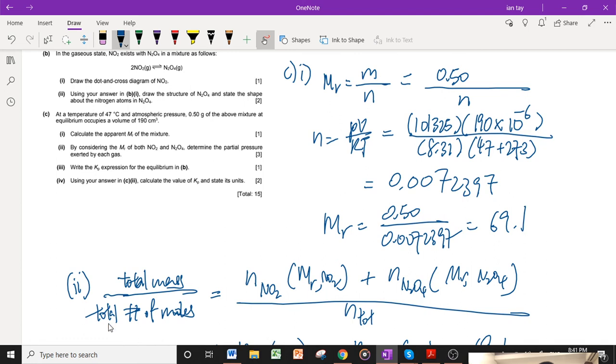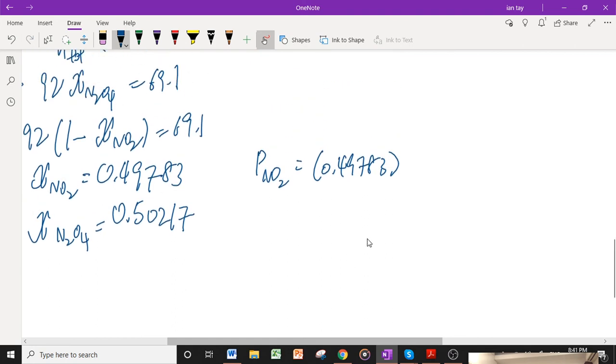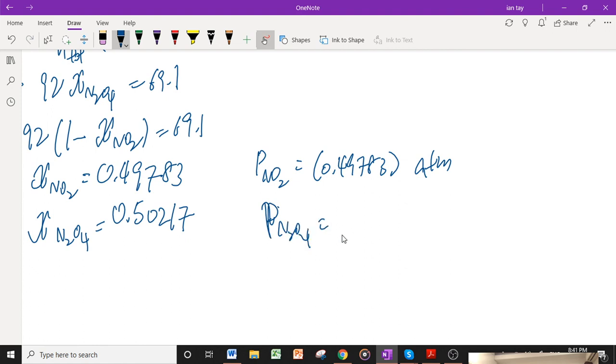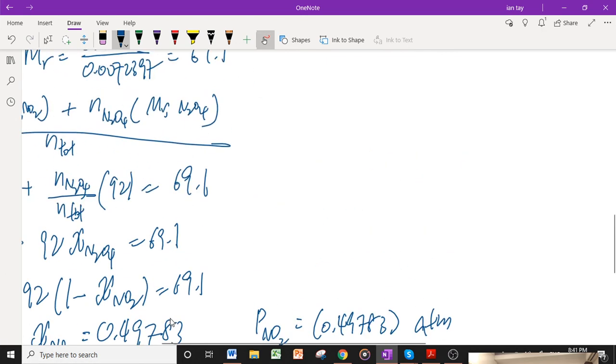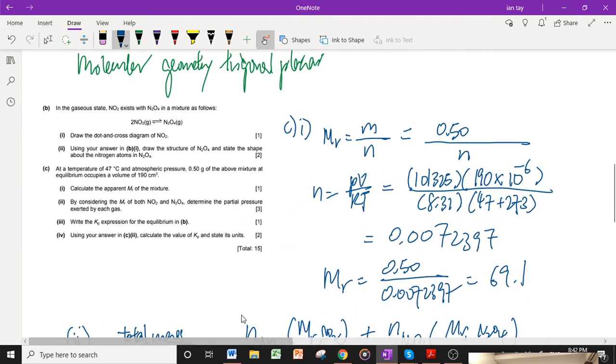They never tell you what units, so express in terms of ATM, make your life easy. So it's just this ATM, and the partial pressure of N2O4 is 0.50217 ATM. And there is some physical justification for using ATM instead of pascals, but we don't really have to go into that.